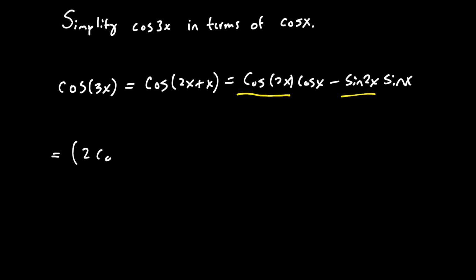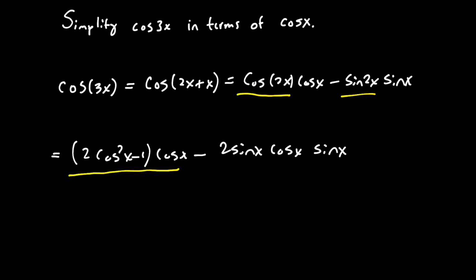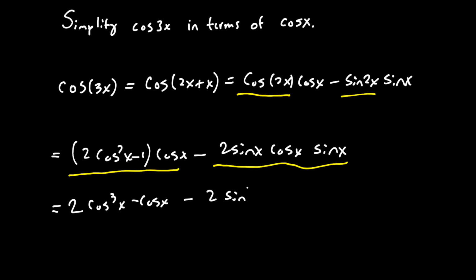We'll get 2 cosine squared x minus 1 times our cosine x minus 2 sine x cosine x times sine x. Multiply this out and add like terms in this part, and we'll get that this is equal to 2 cosine cubed x minus our cosine x minus 2 sine squared x cosine x.